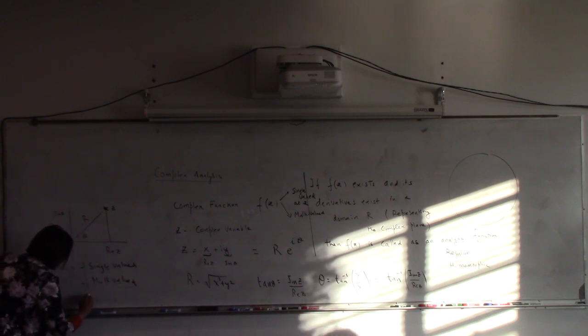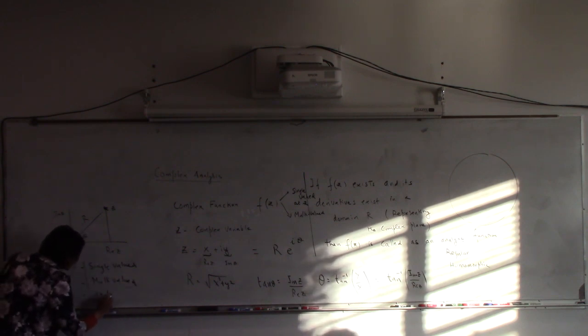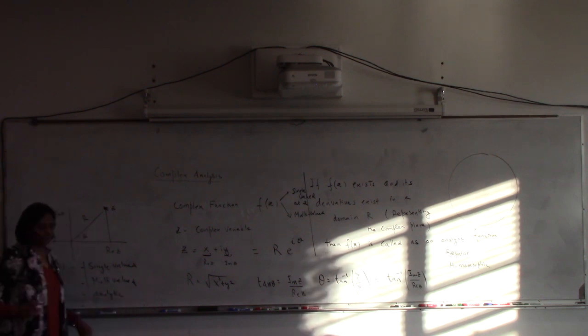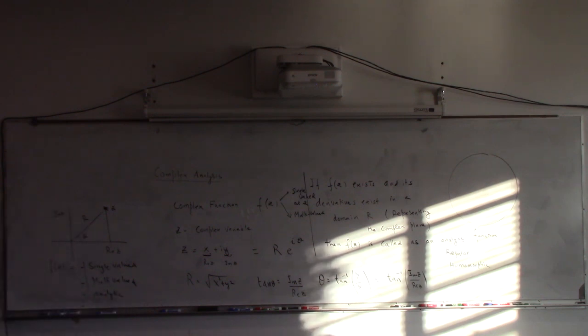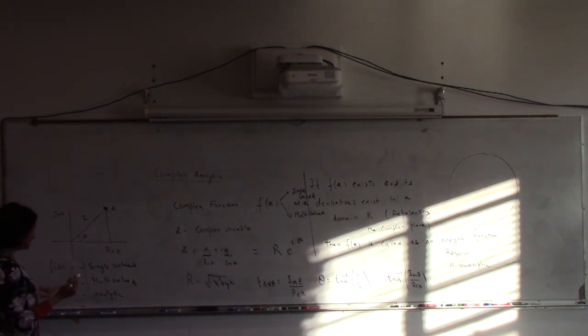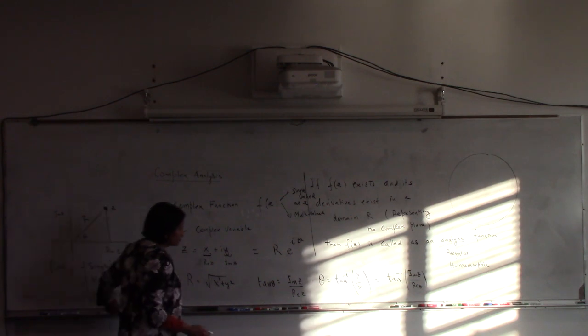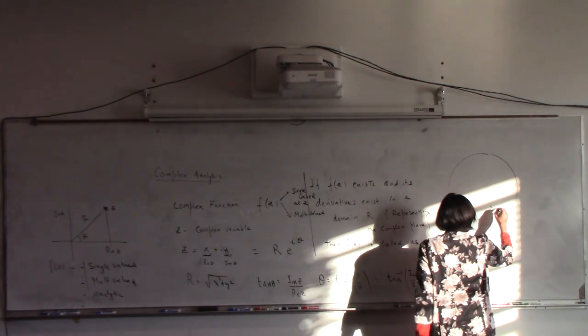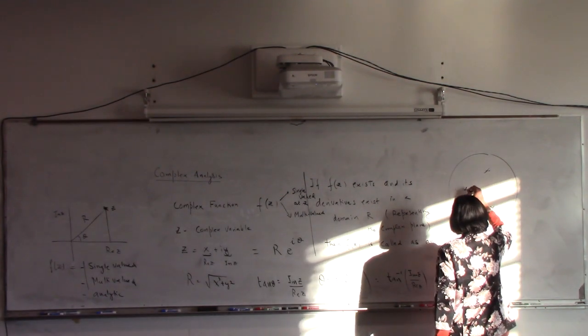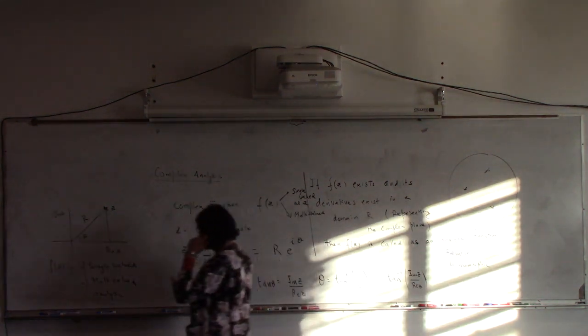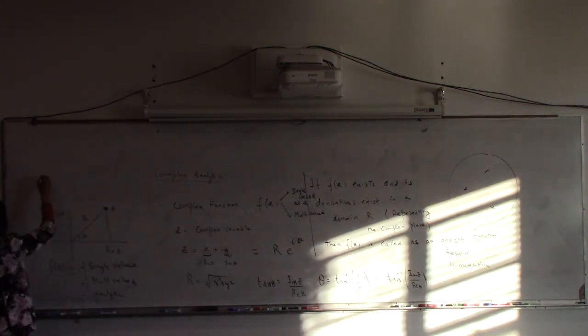It could be analytic, or there may be certain regions where the function blows up. There may be a finite number of singularities in the domain where f of z blows up. That could also happen. Those points are called singularities, right?